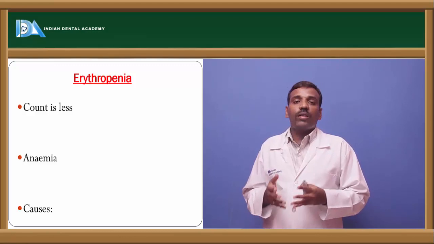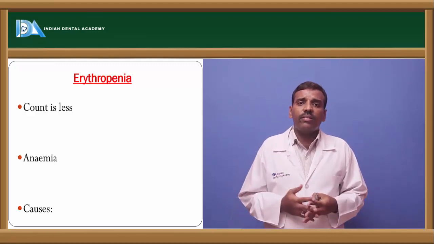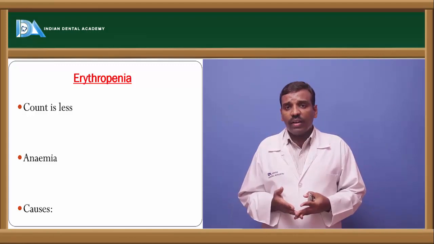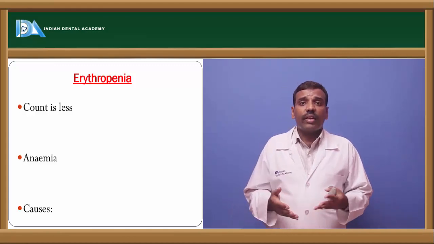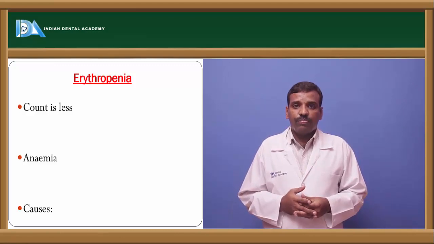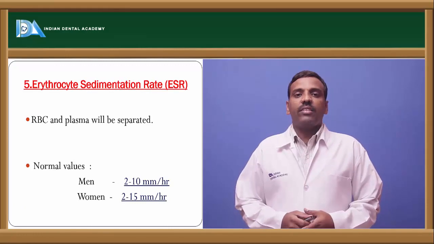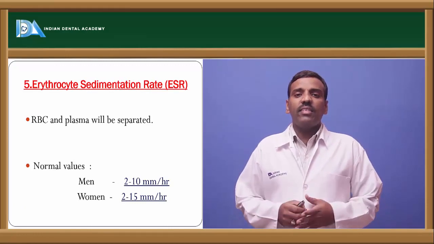The causes are mainly a decrease in the central factors or general factors, or conditions like increased destruction of the RBCs. Next is erythrocyte sedimentation rate, also called ESR.